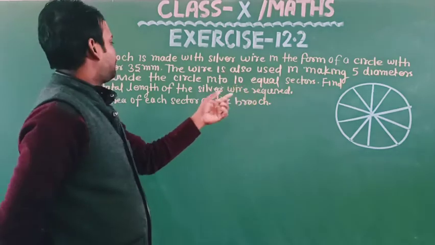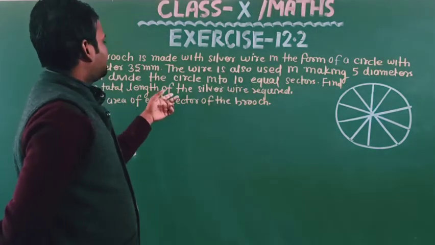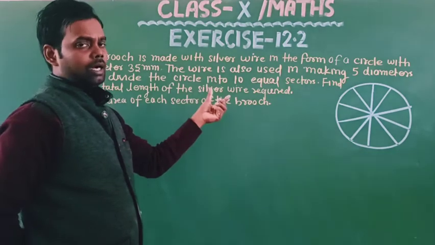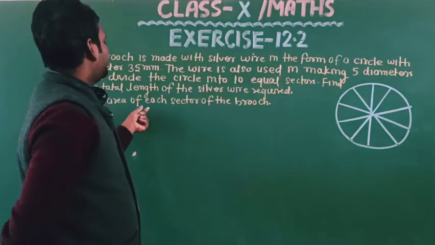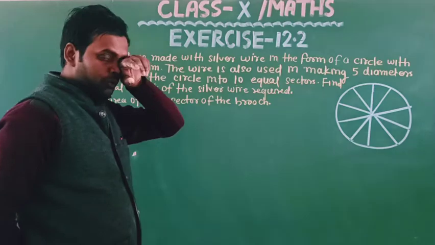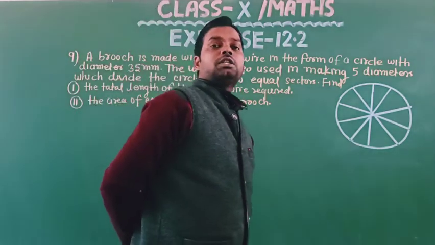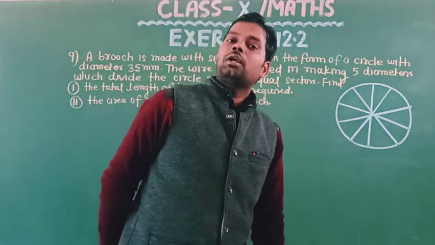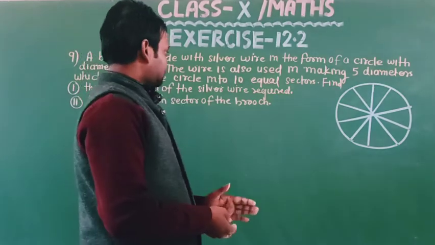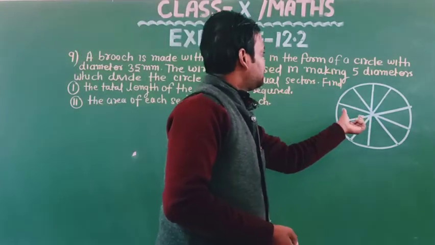Then we have to find the total length of the silver wire required, and the area of each sector of the brooch.